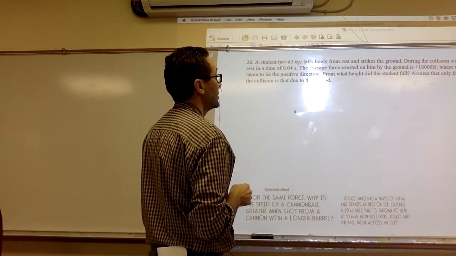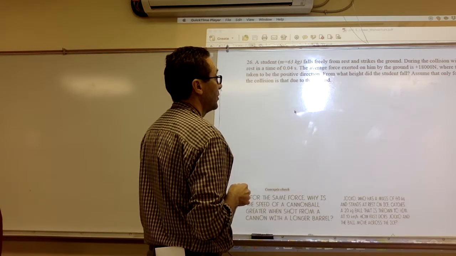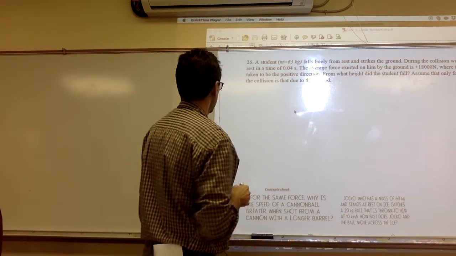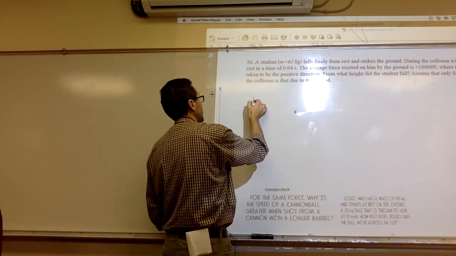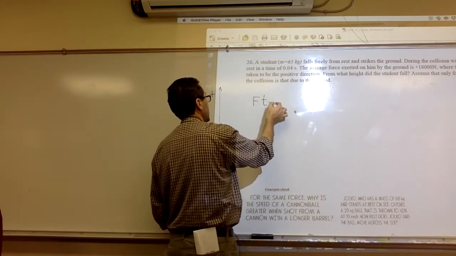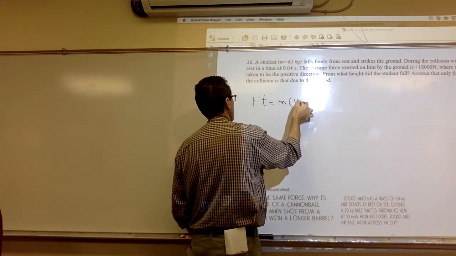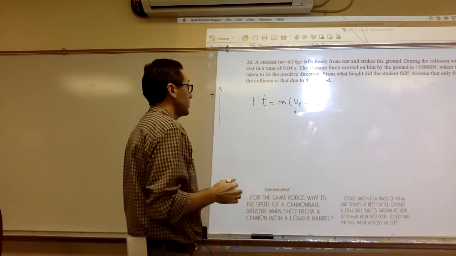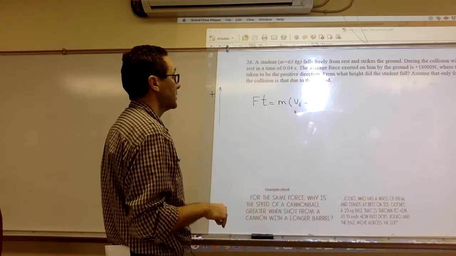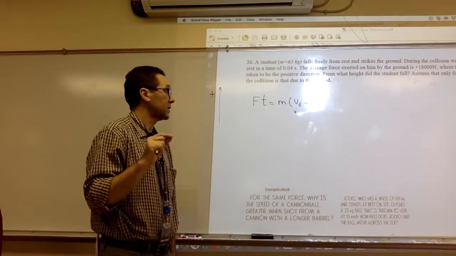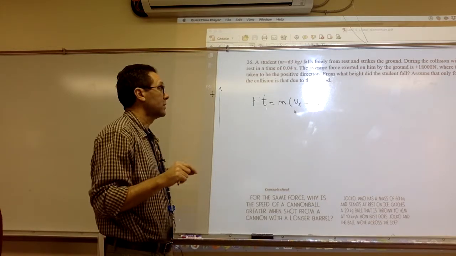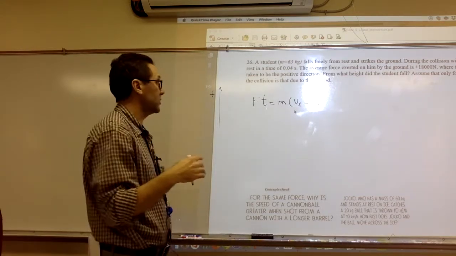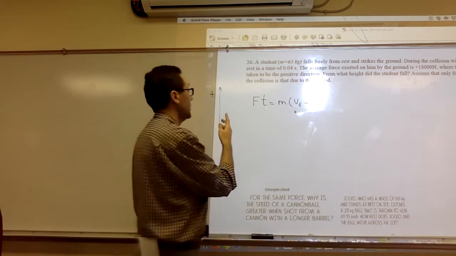Assuming that the only force acting on him during the collision is that due to the ground. Okay, so let's try. I'm going to say Ft equals m times vf minus v initial. What I'm going to try to find here is the speed with which they hit the ground, and work backwards, maybe with kinematics or conservation of energy, to find the initial height.